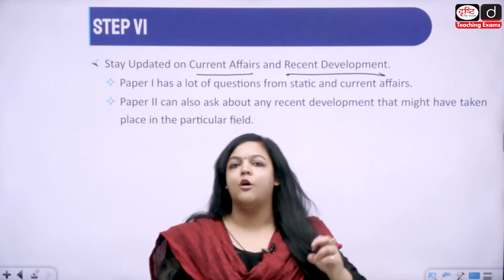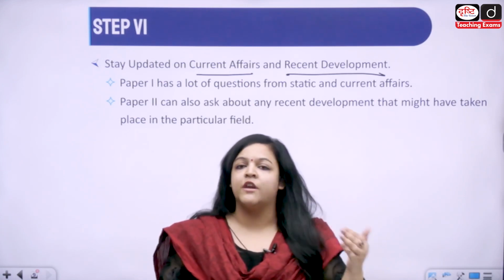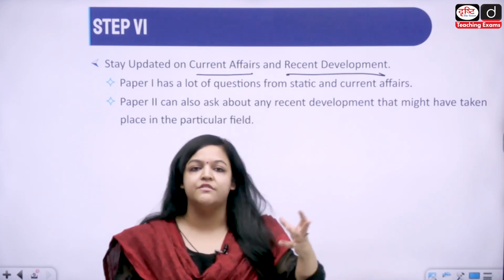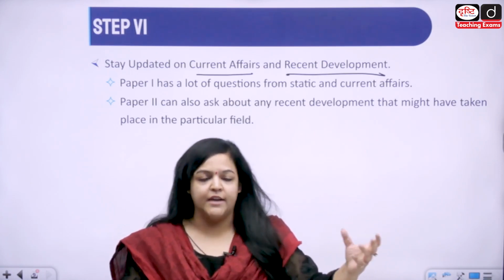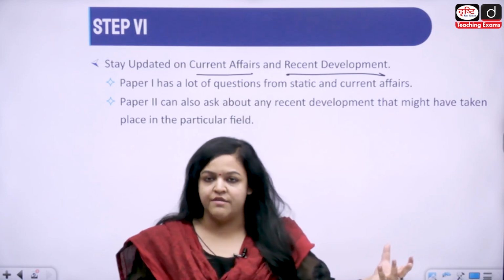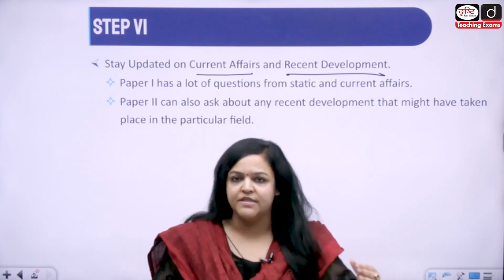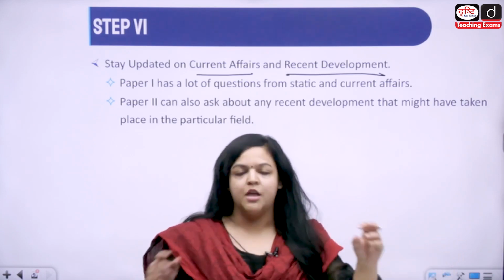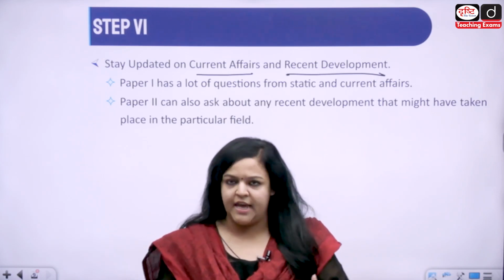Also, suppose you're opting for paper 2 and your paper 2 is history. Paper 2 can also ask you about certain recent developments which might have taken place in the historical field. Suppose there's a new archaeological research, or a new archaeological dig, or something which has happened which has shifted the time period of a certain civilization or of a certain Vedic age, okay?